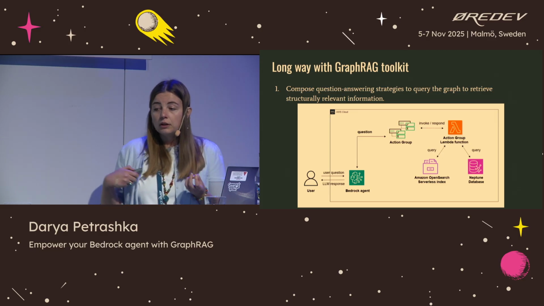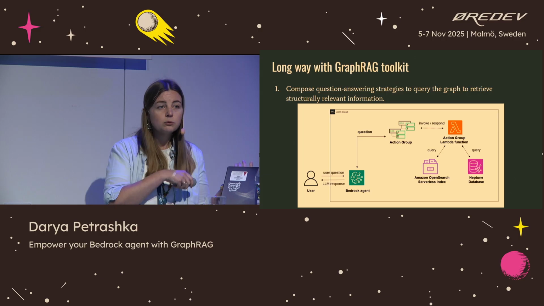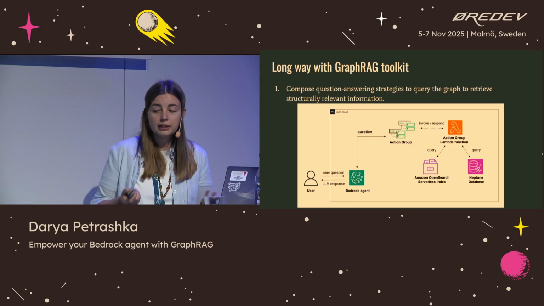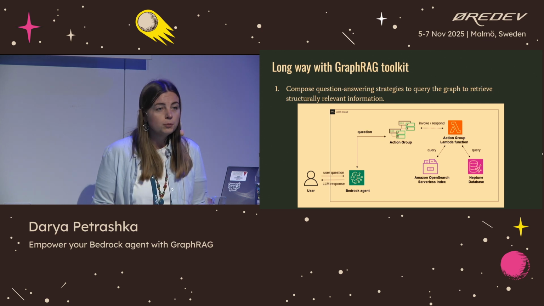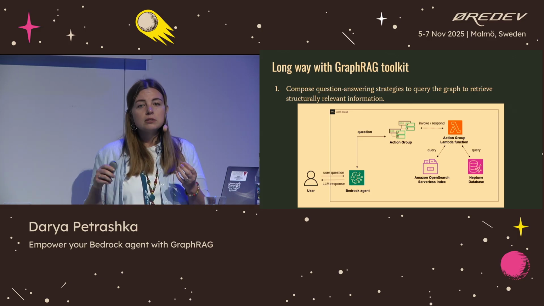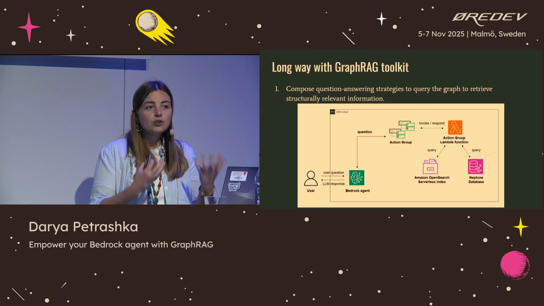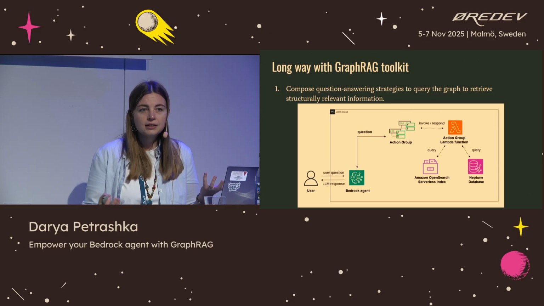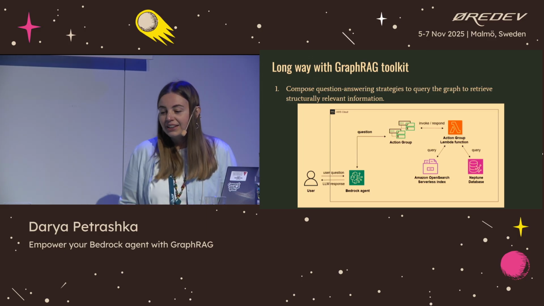And that was about building your graph, yeah? And if you want it to retrieve information for the user, the architecture gets slightly more complicated, because you cannot just use a GraphRAG toolkit and create a Bedrock knowledge base, because there is no such possibility at this point, sorry.